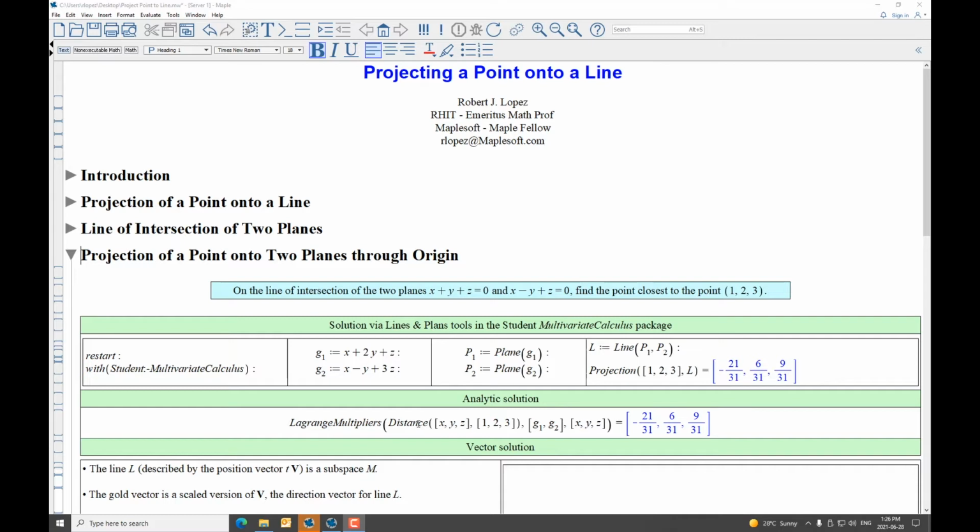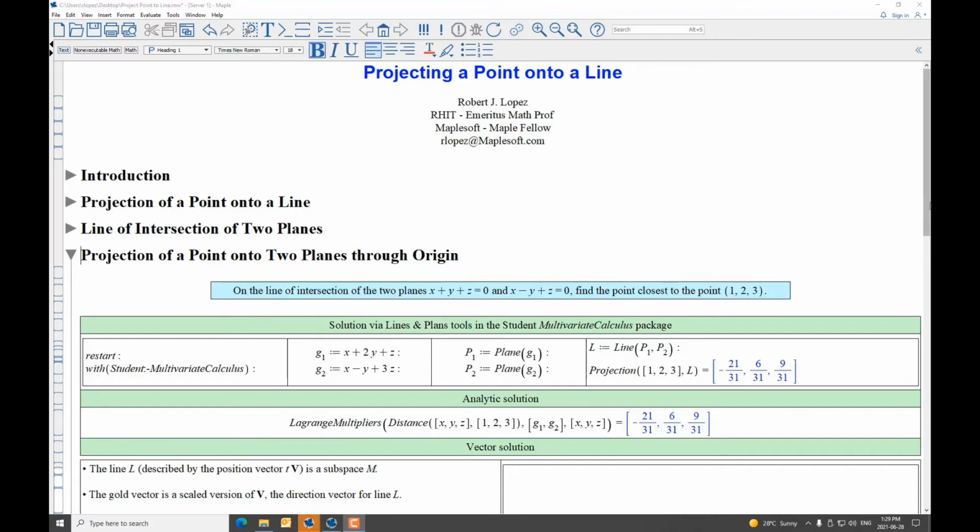It would be the square root of (x minus 1) squared plus (y minus 2) squared plus (z minus 3) squared. So that's the objective function, easily set up here with this distance function, the constraints. And the reason for writing these as not equations is because this Lagrange multipliers command does not want equations. It just wants these functions. And the return is the projected point.